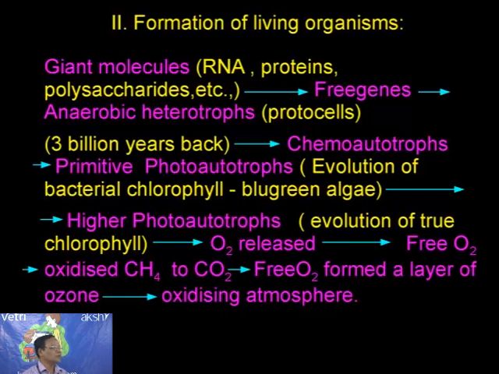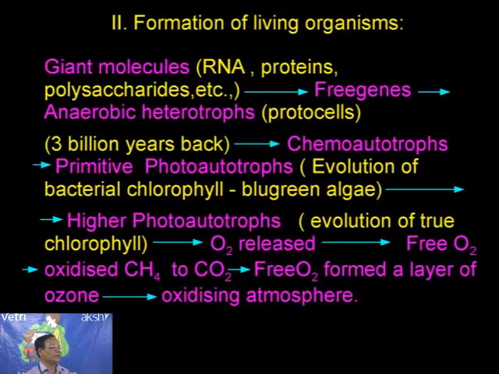As a result, the evolution of higher photoautotrophs resulted. So primitive photoautotrophs transformed into higher photoautotrophs by the evolution of the true chlorophyll. Now the photosynthesis process had been started by these living organisms because they had chlorophyll.